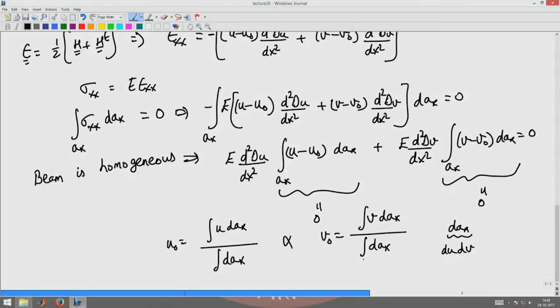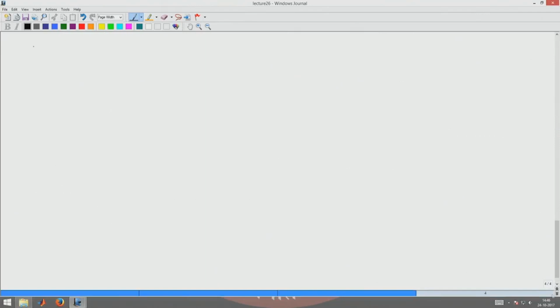Next, I have to find d square delta u by dx square and d square delta v by dx square. That comes from the moment equations. The moment equations are, I have Mv moment given by integral u minus u naught sigma xx dAx.